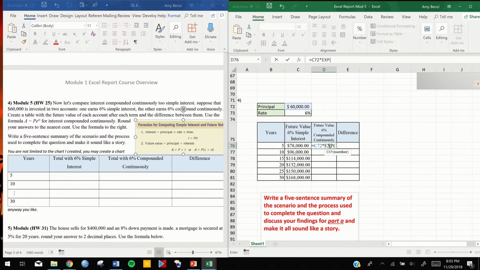The exponent is what? It is the rate times the time. And again, remember folks, we have to lock these cells in. So we have to lock in the principal and what else? The rate.